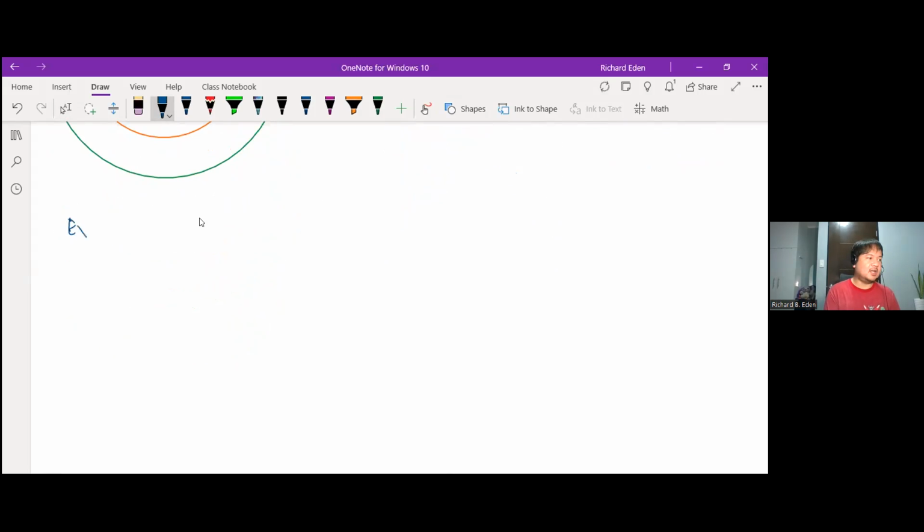Okay, example. Inside an equilateral triangle ABC, there is a point P such that PC equals 3, PA equals 4, and PB equals 5.